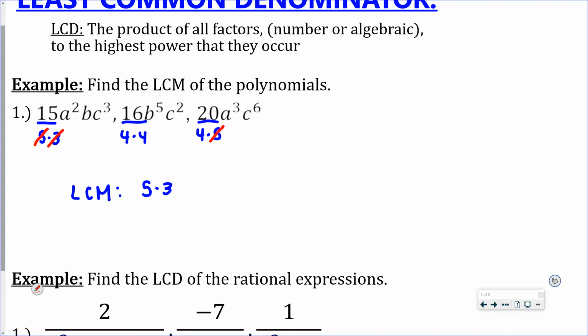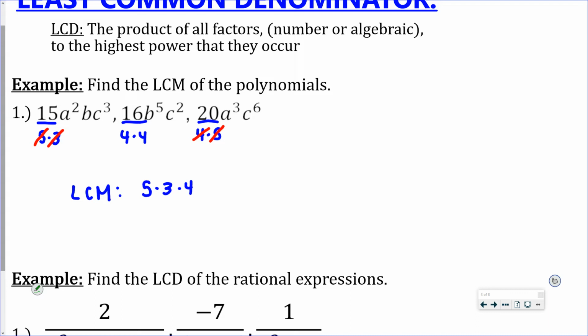So let's jump over to 20. This one's being multiplied by 4, so I need to multiply in a times 4. And here's where I'm going to get that multiple of 20, right? Now to get the least, we don't want to multiply in more factors than we need to. I'll explain this when we're done here. When we get to the 16, see how 16 has 2 factors of 4?